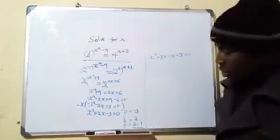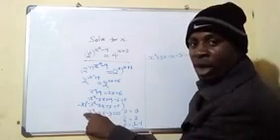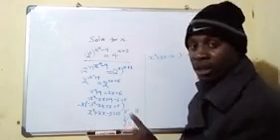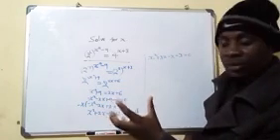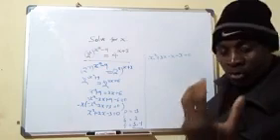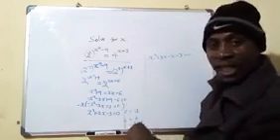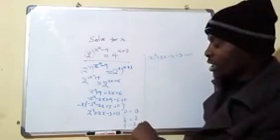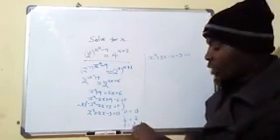Then number 2, if the value of a is positive 1 or an invisible 1, then you find the factors. Without wasting time in your exam, your final answer will be the same factors, but with an opposite sign.